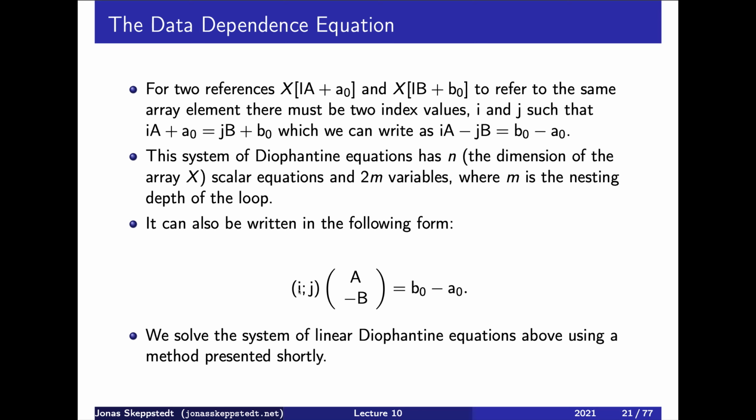Okay, and we can write them like this, and then to simplify the notation, we can say that this vector that we want to find an integer solution to, we can call it x. The purpose is not to confuse, but normally we write this new matrix as A as well.